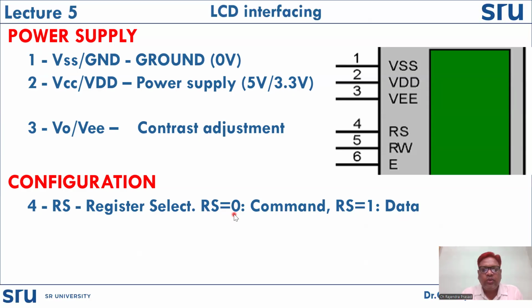So let us see now what is the meaning of command and what is the meaning of data. Suppose you want to display something on the LCD, let us consider "LCD interfacing". This is my data. If I need to display this LCD interfacing, this is called data. But in some cases, the LCDs are available in different sizes, so I need to instruct with the help of some commands.